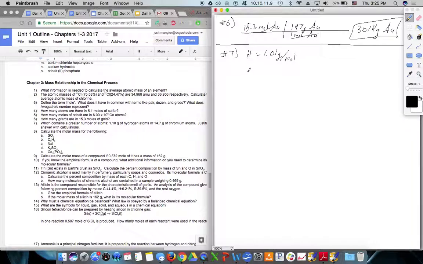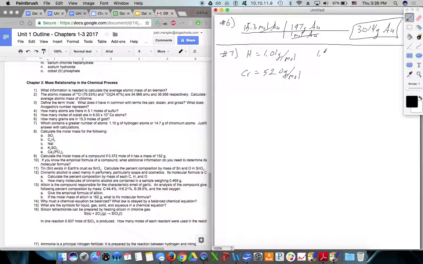And then chromium is going to be much larger, 52 grams per mole. So each individual atom of chromium weighs significantly more, which means you need a much larger mass in order to get the same quantity of chromium atoms as you would of the hydrogen atoms.